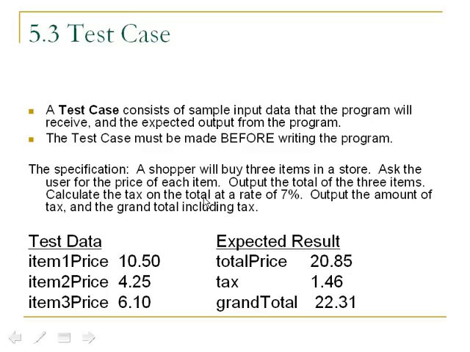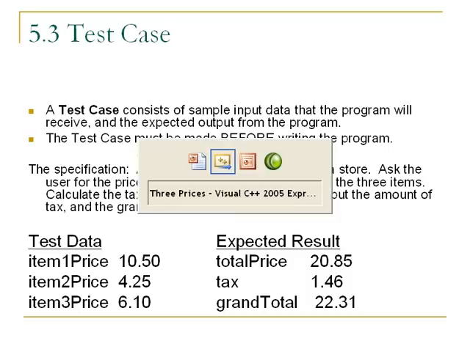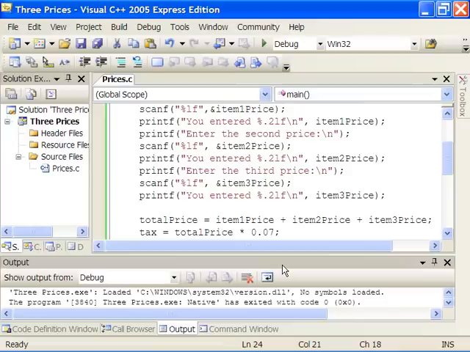So back in these PowerPoint slides, we made this test data 10.50, 4.25, 6.10, and we were expecting these results: 20.85, 1.46, and 22.31. So let me see if I can remember all 3 of these, 10.5, 4.25, and 6.1. As I flip back to the development environment, we'll run this using F5.